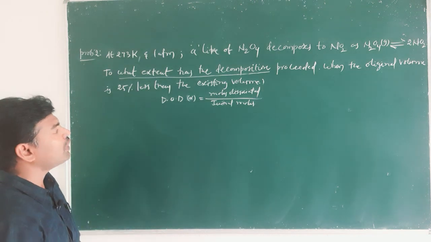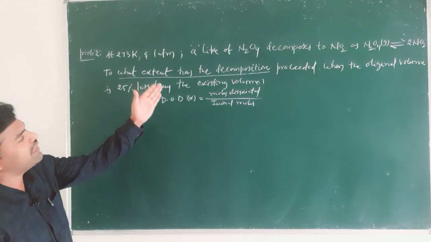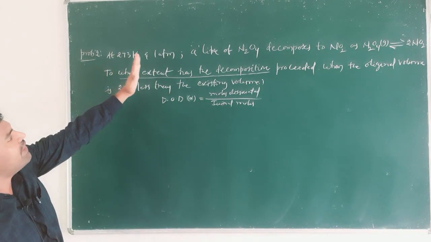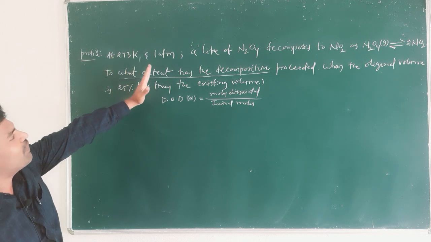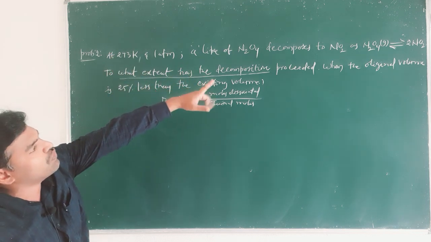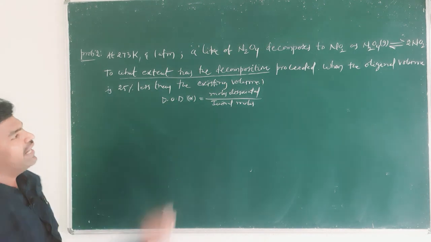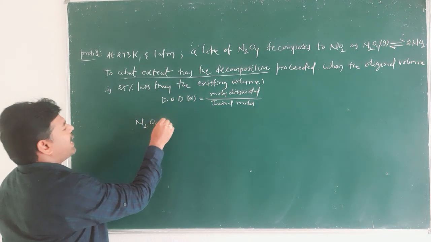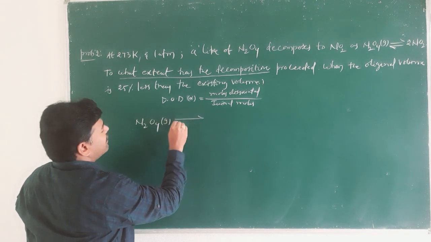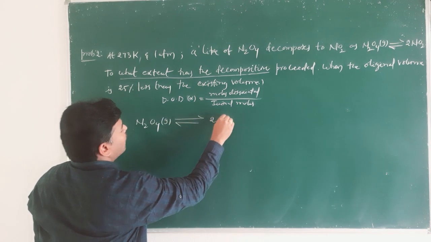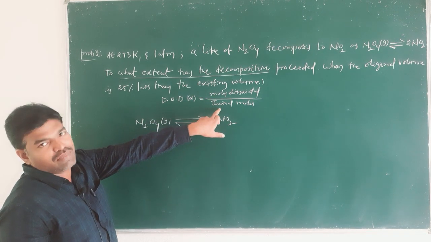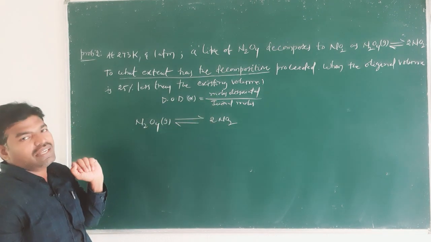So they ask you to calculate the degree of dissociation, at 273 Kelvin and 1 atmosphere, where a liter of N2O4 decomposes to NO2. In order to calculate the moles dissociated and initial moles, we have to write the equilibrium.